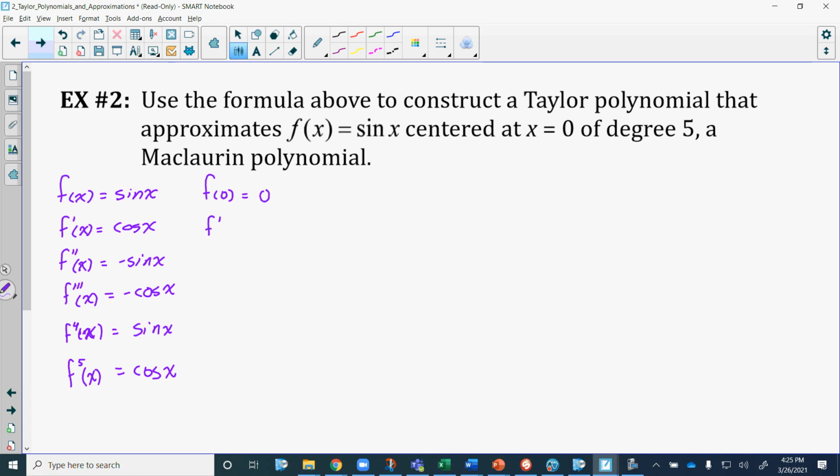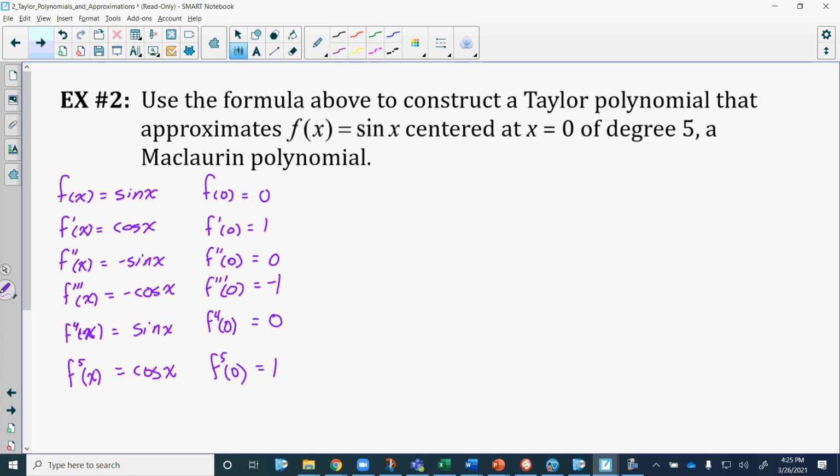F prime of 0, cosine of 0, is going to be 1. The second derivative at 0 is 0. The third derivative at 0 is negative 1. The fourth derivative at 0 is 0. And the fifth derivative at 0 goes back to a positive 1.